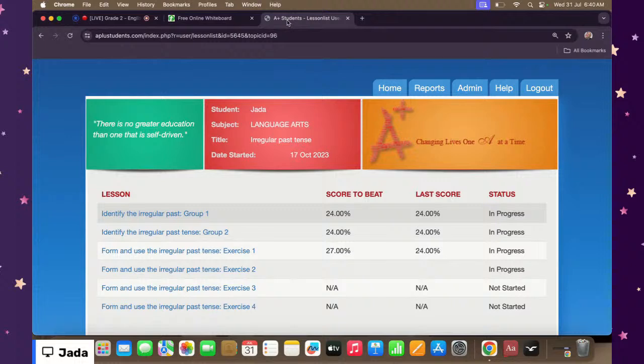Any questions, guys? So make sure you complete this test in case you have not done this before. If you've done it, it's okay. You do not have to complete it anymore.